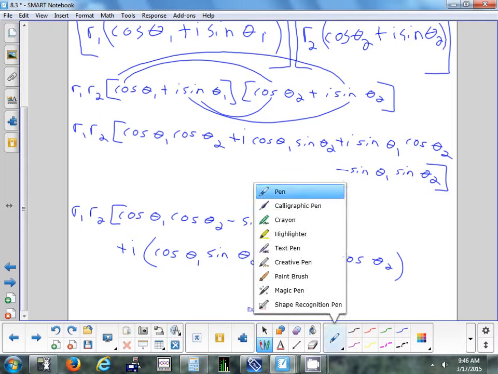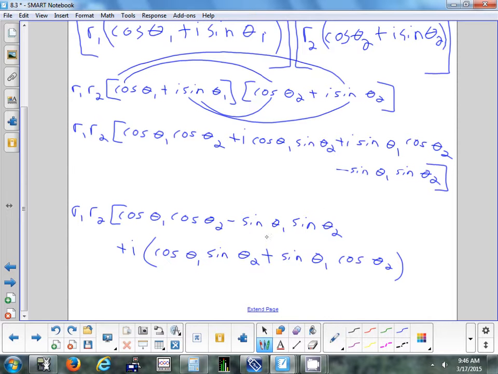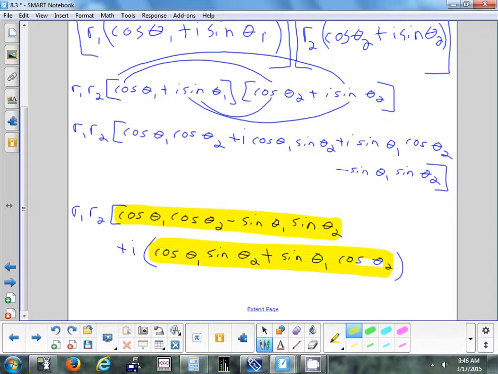All right, let me highlight two things that are going to simplify. This is something special. Cosine, cosine minus sine, sine. And this is also something special. Cosine, sine, plus sine, cosine. Anybody recognize that first one? Cosine, cosine minus sine, sine.